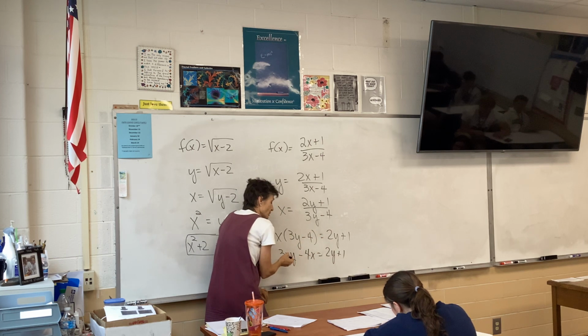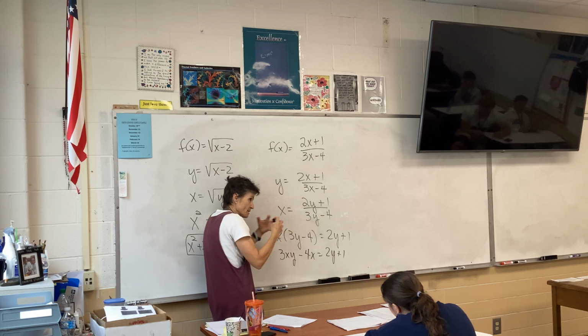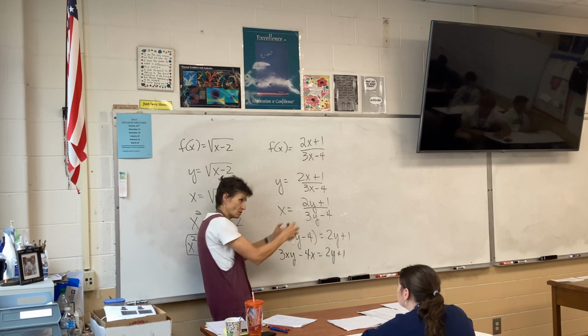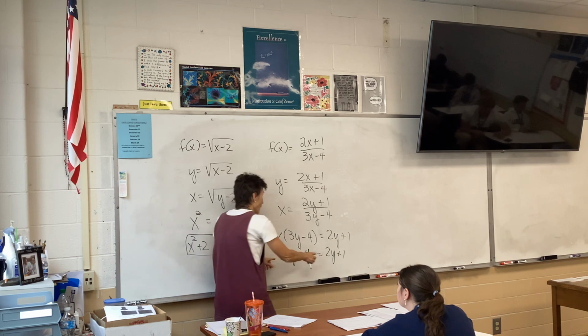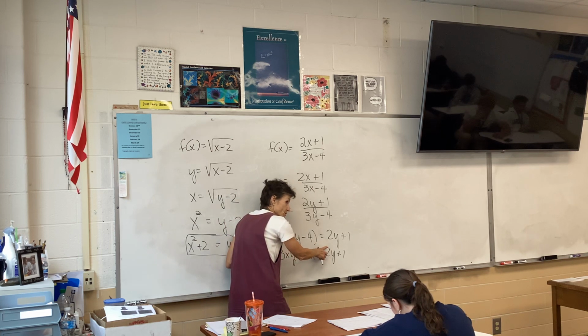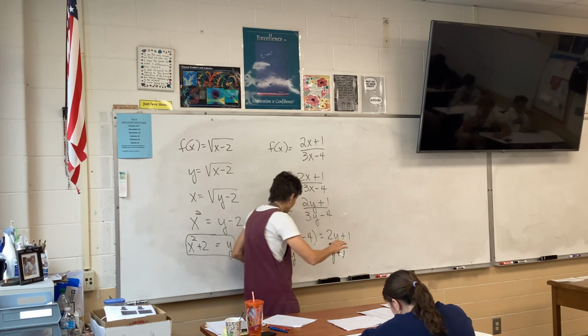Rearrange the equation so that every y is on the same side and every not y is on the other side. So I'm gonna bring this 2y over here, and I'm gonna bring this 4x over here. You see what I'm saying? I'm just rearranging my equation.